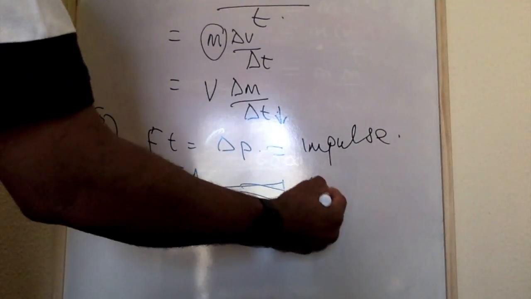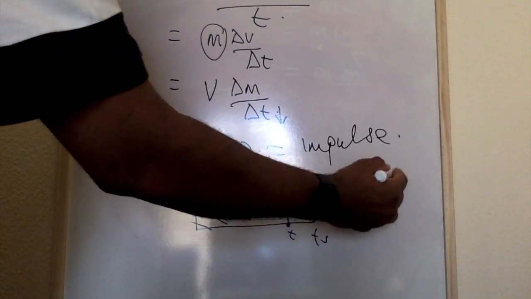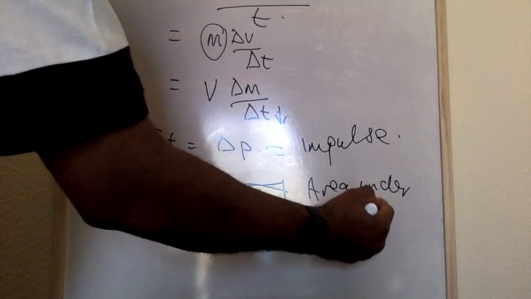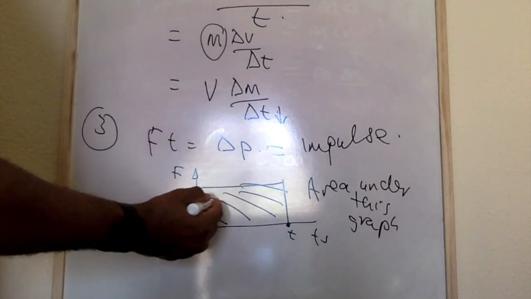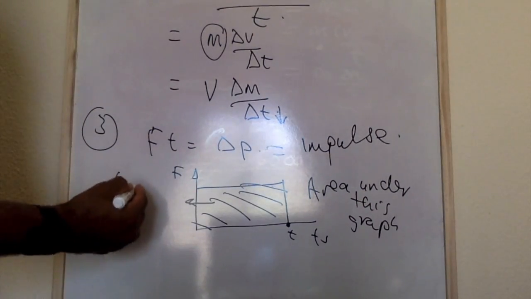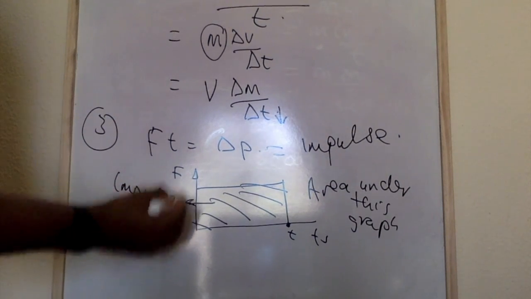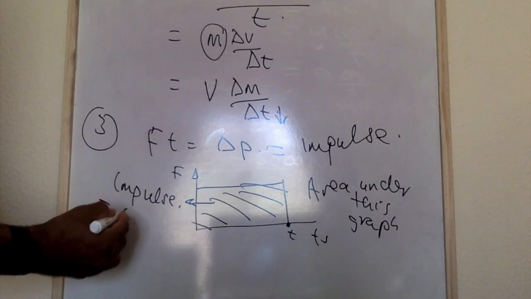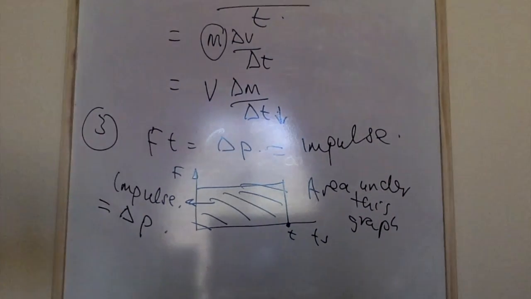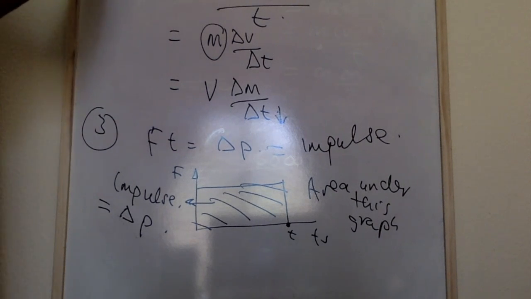And the area under this graph is the impulse, which is the same as change in momentum. So that summarizes 9.1.